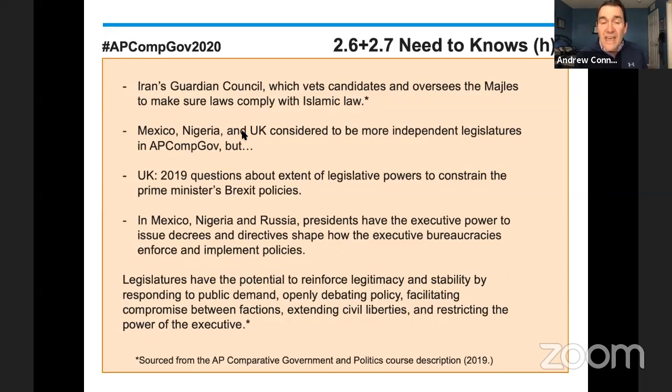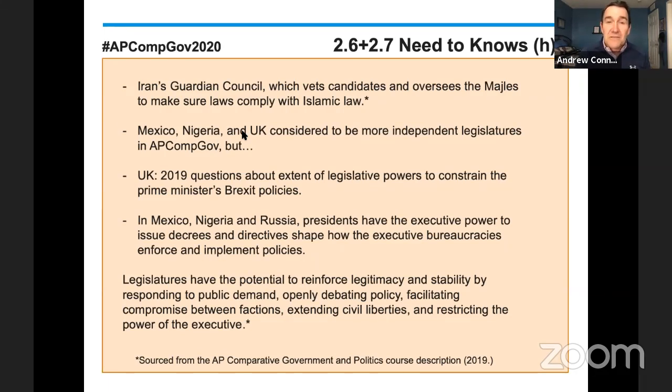That could happen and has happened to a degree in Mexico. We know that in Nigeria and the United Kingdom, there are powers to hold the executive accountable, and there are examples of those legislatures holding the executive accountable and rejecting some policies from the executive.